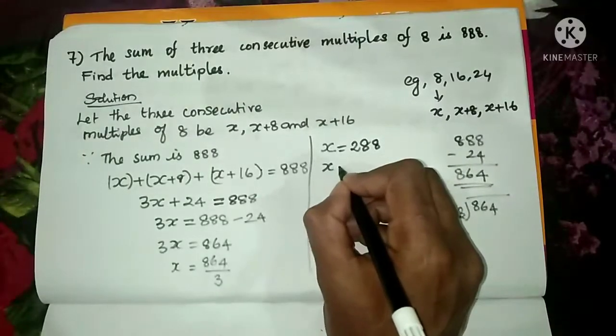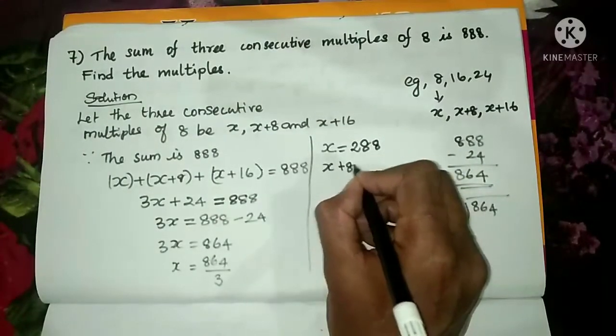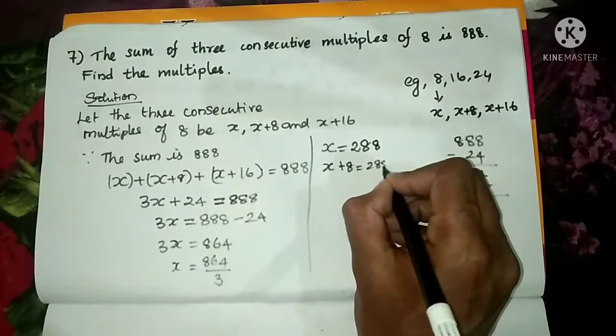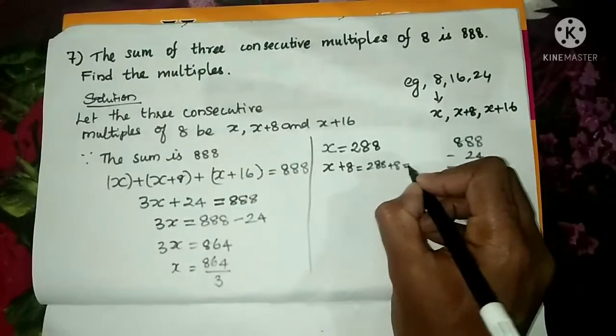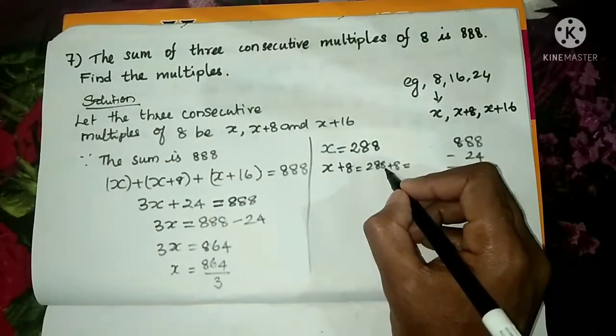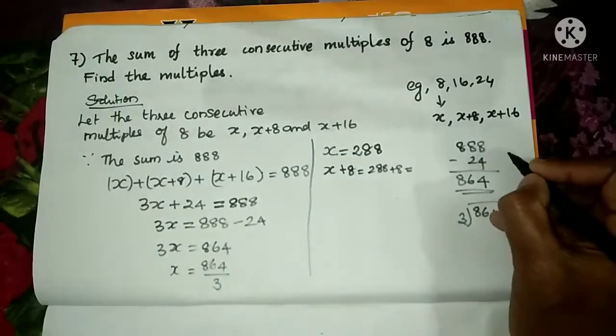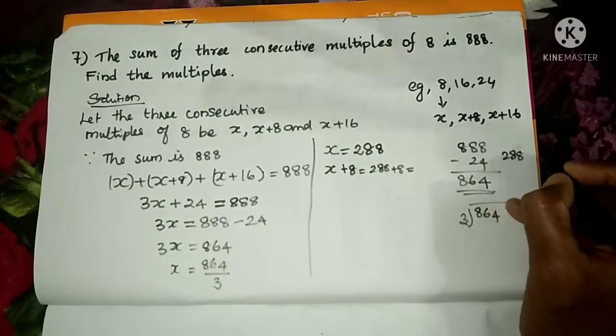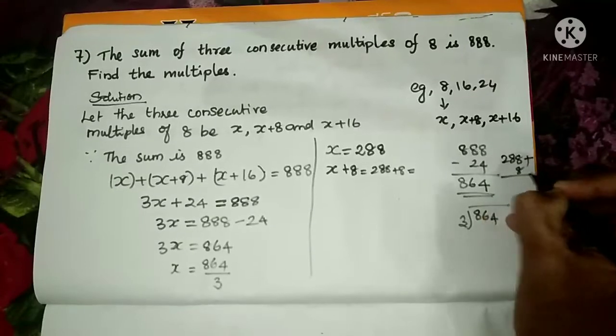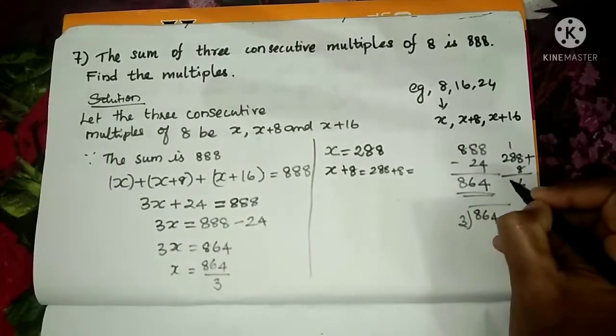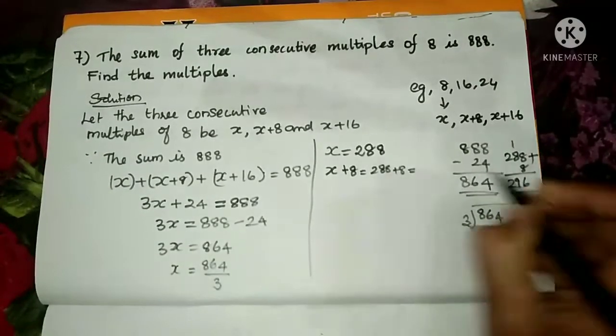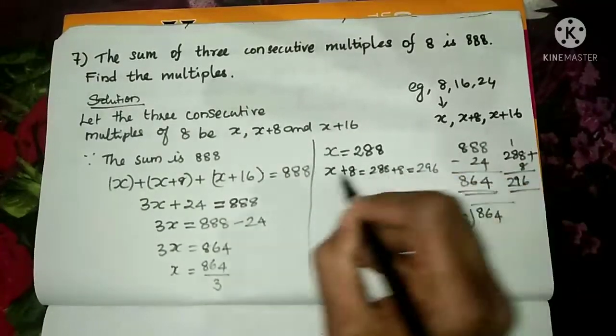The next number is x plus 8, which is equal to 288 plus 8. When you add 8 here, what do we get? 288 plus 8, we get 296.